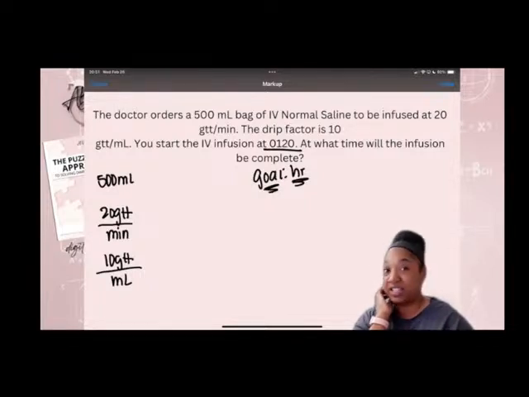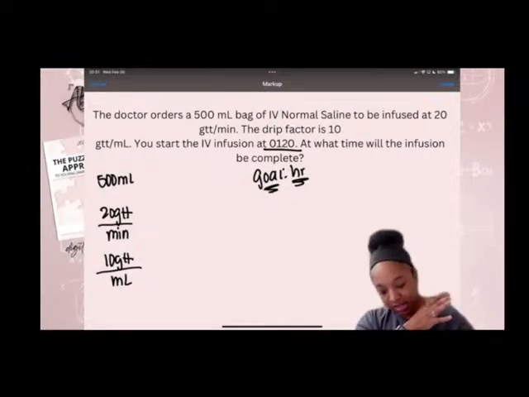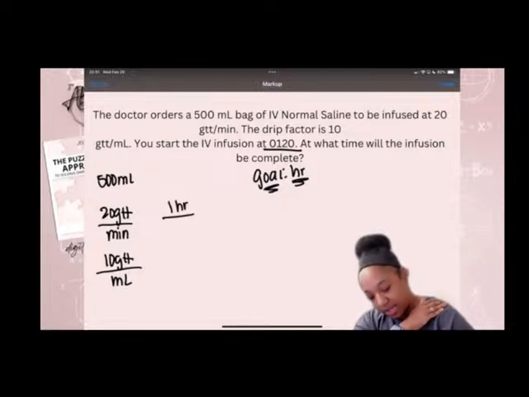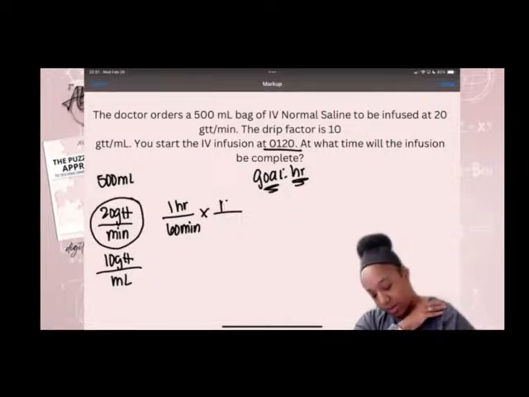No, but its cousin minutes is on a puzzle piece. So therefore, we start with the conversion. 1 hour equals 60 minutes. Boom. So now we can put the minutes on top. Minutes over 20 drops.